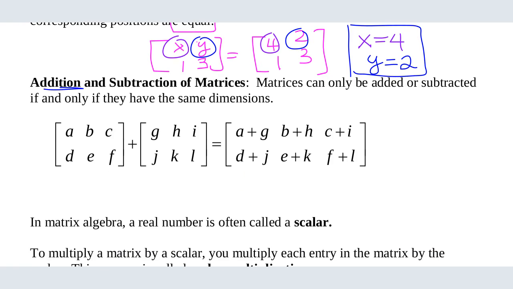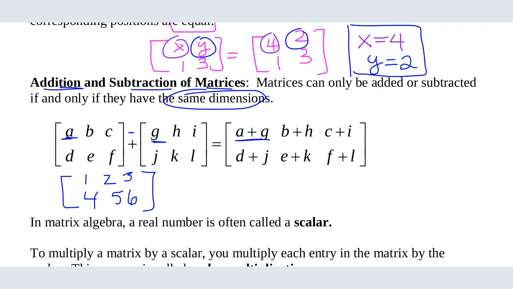Addition and subtraction of matrices, where if you notice we're adding elements, if this had been a minus, we would then subtract them. So if we had 1, 2, 3, 4, 5, 6, to subtract them, you only can do it if they have the same dimensions.